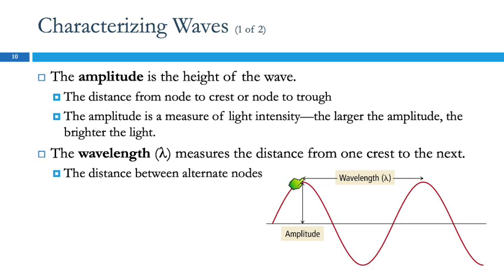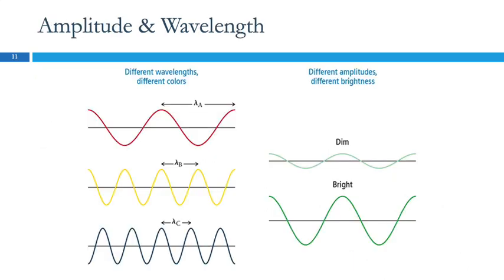The other thing we can measure is the wavelength, the distance from one peak to another peak. That's called the wavelength. It's the length of the wave. Different wavelengths, our bodies perceive as different colors.